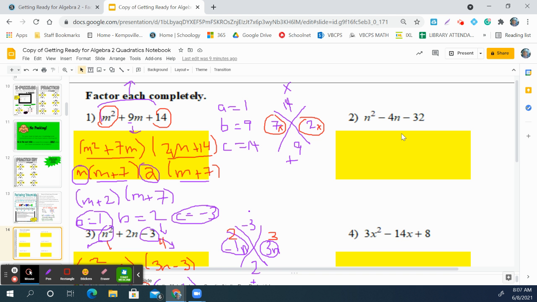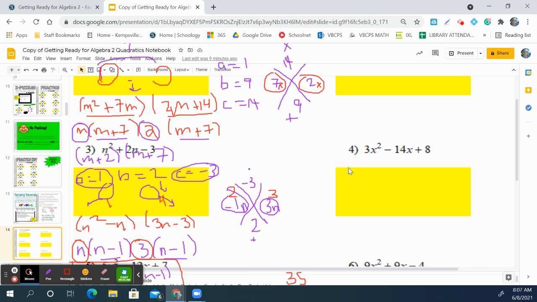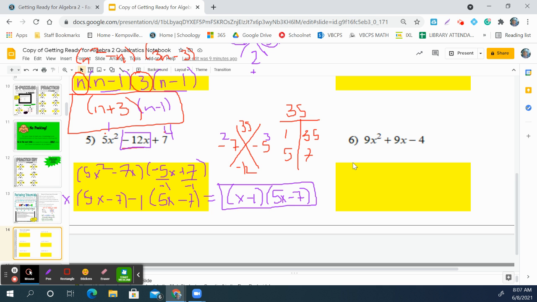So it's n squared. I wasn't paying attention.